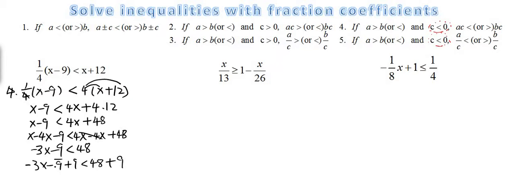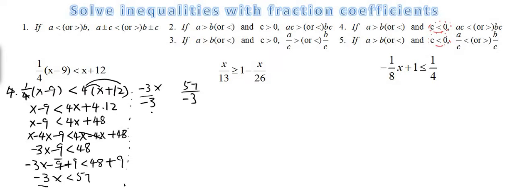So here we cancel out the 9, and here is 57. We have negative 3x less than 57. Now we need to divide both sides by negative 3.